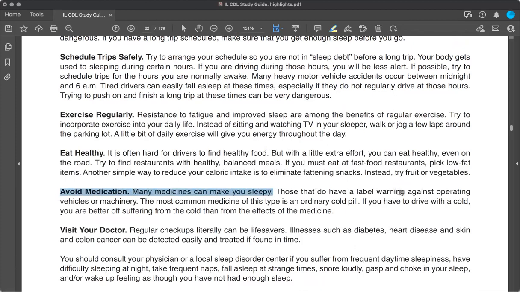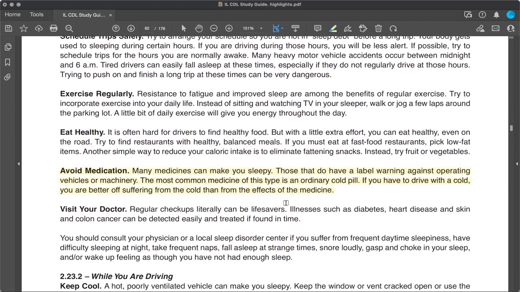So take a look at the label warning and make sure there's not a label warning against operating machinery or vehicles. And it says here the most common medicine of this type is the ordinary cold pill. So if you have to drive with a cold, you're better off suffering with it than the effects of the medicine. So that's repetition. Chances are there will be a question on the test since they've mentioned it a couple times.